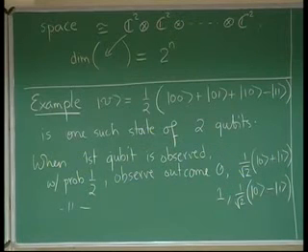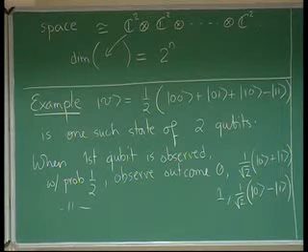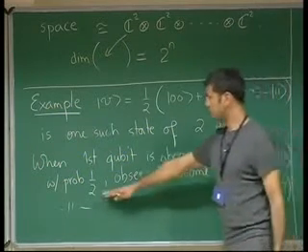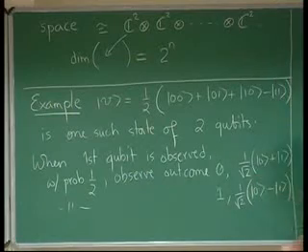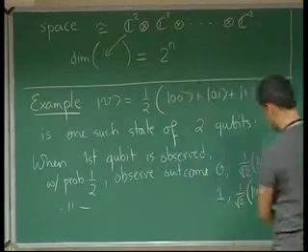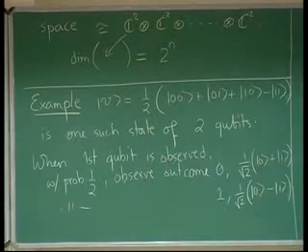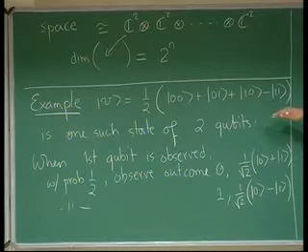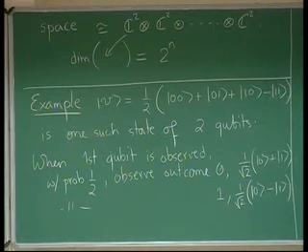What happens to my state? How do I describe the state of my qubit, the second qubit, after the measurement has been performed? It's actually given by this very ensemble out here. With probability 1/2, I would have this state. With probability 1/2, I would have the second state. That kind of state, which is a distribution over superpositions, is called a mixed state.